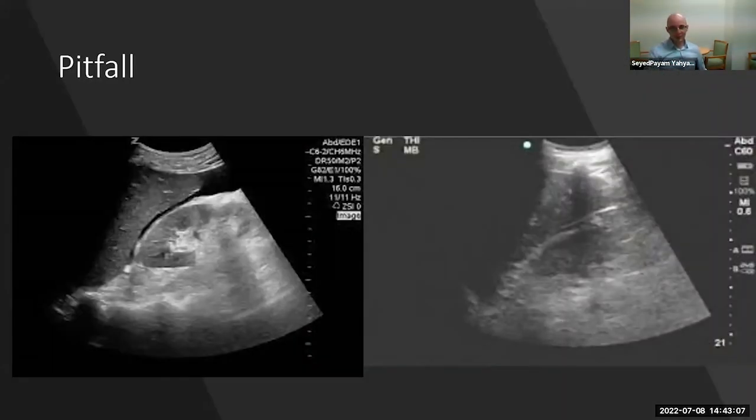Now, there's another pitfall. So one of these two images has blood in the Morrison's pouch and the other one doesn't. Can anyone say which one you think has the blood and which one doesn't?